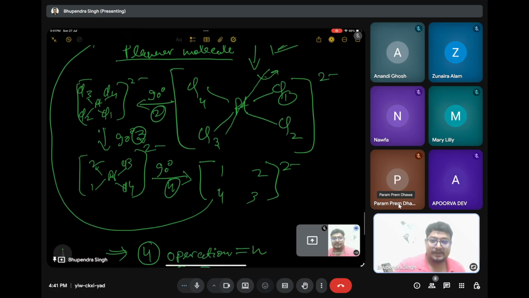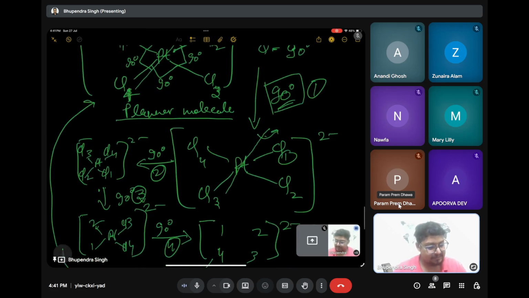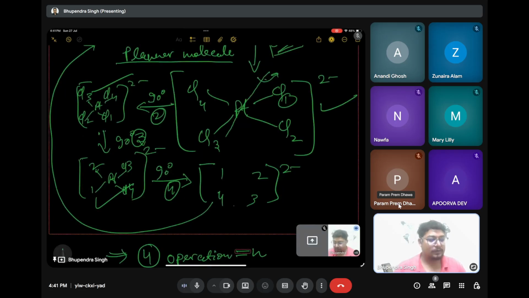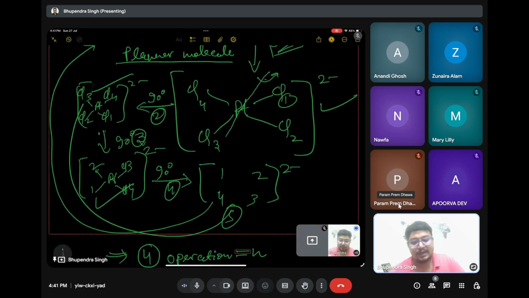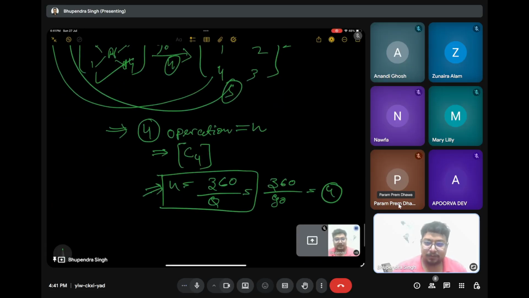I am explaining it this way: this is one structure after 90 degrees, this is the second, third, fourth, then you get the fifth structure, which is identical to the first one. But from an exam point of view, you have to have this at your fingertips.